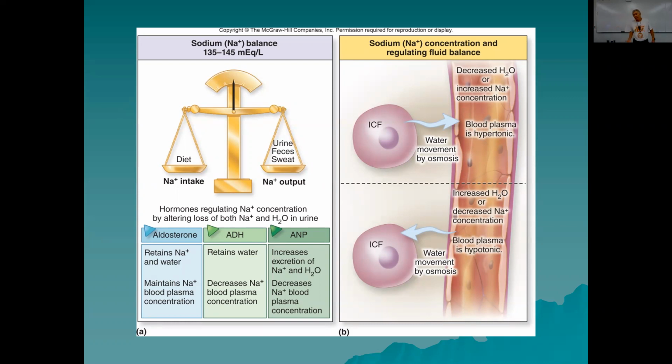And so disturbances in sodium are mostly due to changes in cell size. As I mentioned, if your blood is hypertonic, it will suck water out. If you've got too much sodium, it will suck water out of cells. If there's too little sodium outside, water will enter cells. And it has to do with blood pressure.